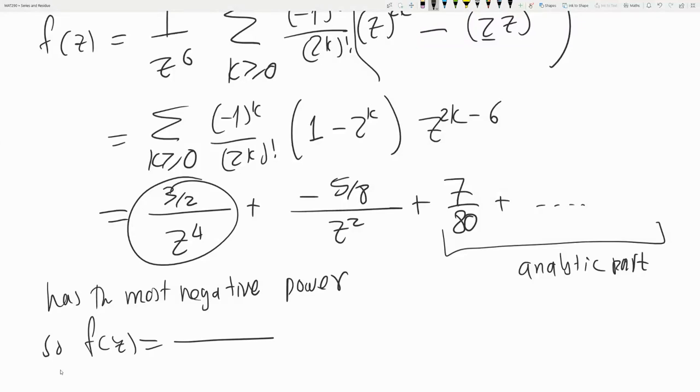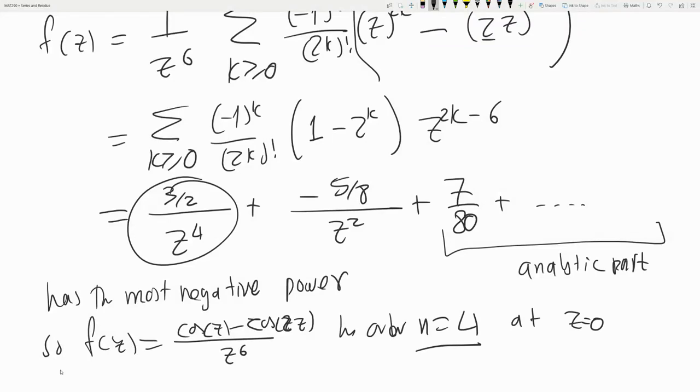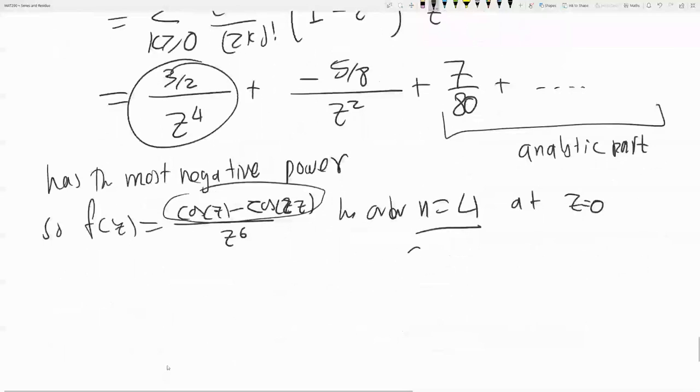And so f of z, let me write the series, the function, just to point out something, has order n equal to 4 at z equals 0. So the top guy contributed a z squared. Okay, so it's not 6.